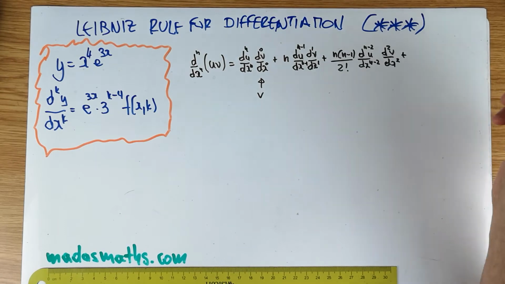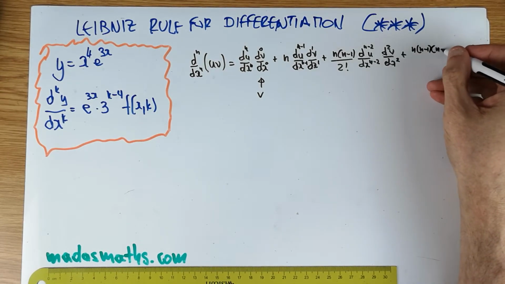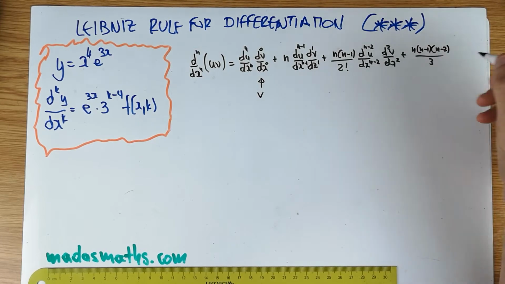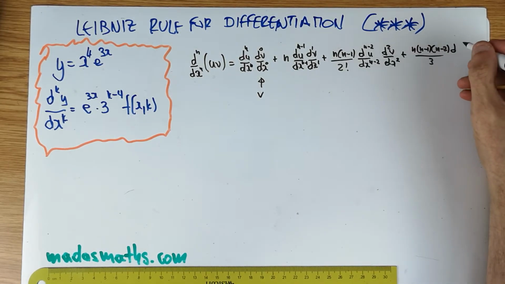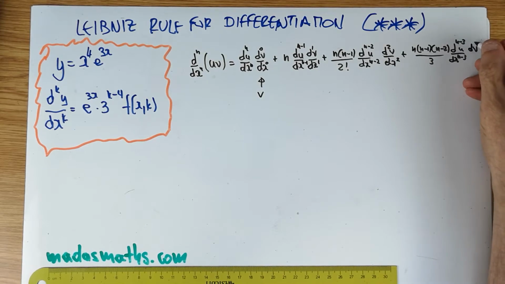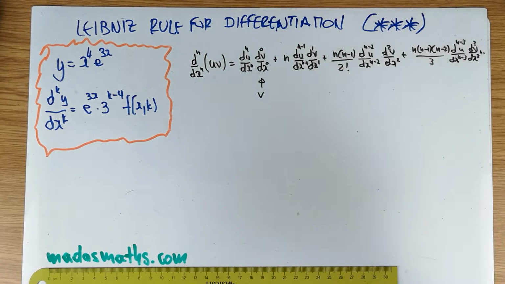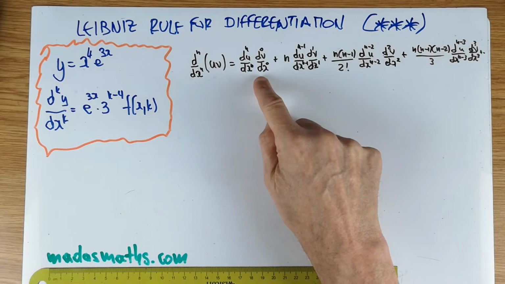Plus n, n minus 1, n minus 2 over 3 factorial, and then I'm going to have the third derivative of u with respect to x times the third derivative of v with respect to x, plus dot dot dot. I can't even squeeze it in there, but you get the picture, and it will terminate on the other end. Okay. So this is now what Leibniz rule says.